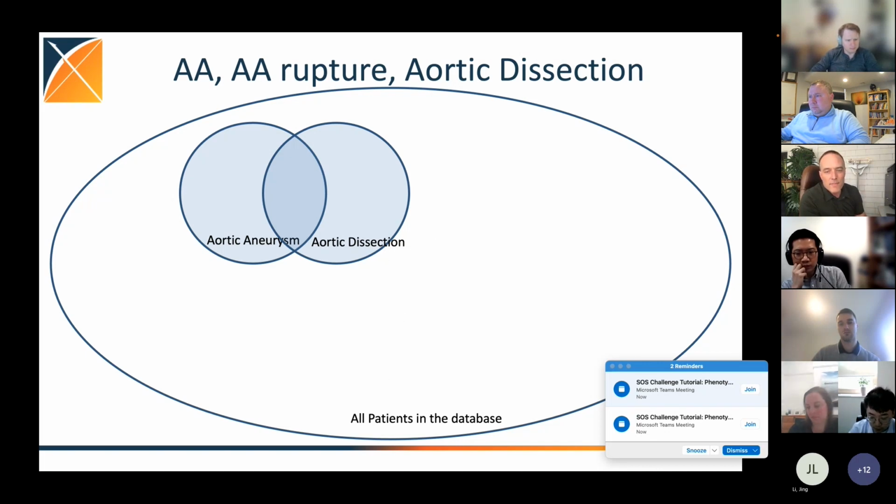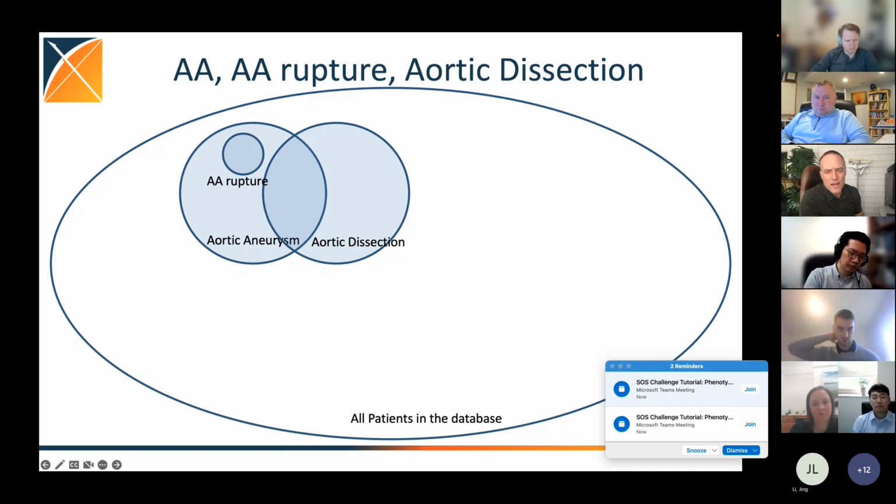And that's made further complicated by the fact that within our vocabulary, aortic aneurysm rupture is rolled up under aortic aneurysm. And that's obviously a very different entity than something that we typically survey for. In many ways it might be more similar to aortic dissection than to a standalone aortic aneurysm, in as much as they're both emergent conditions with high mortality, and may require very similar interventions in terms of endovascular grafting or surgery.